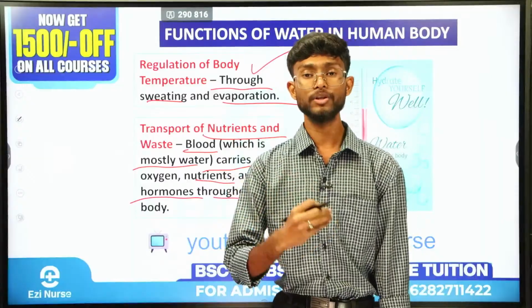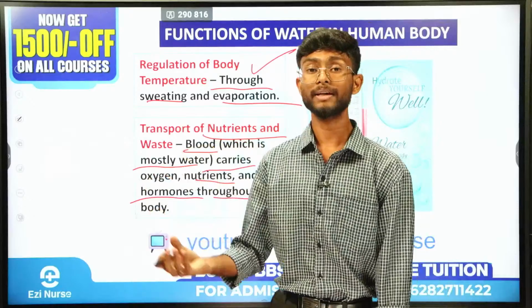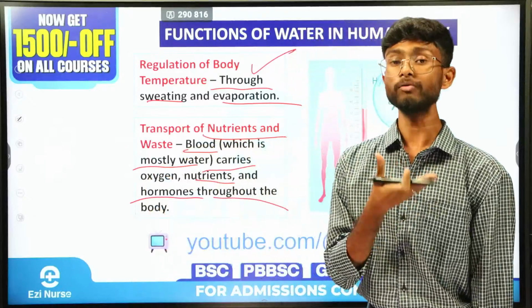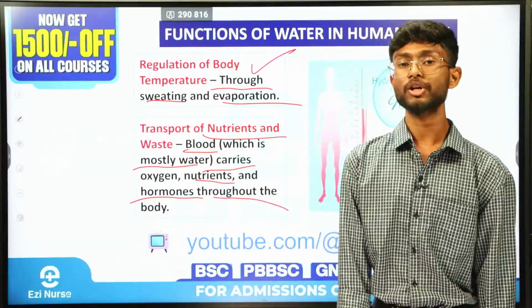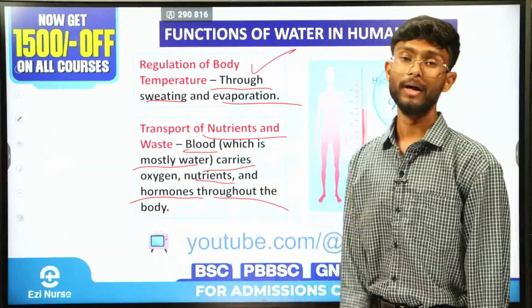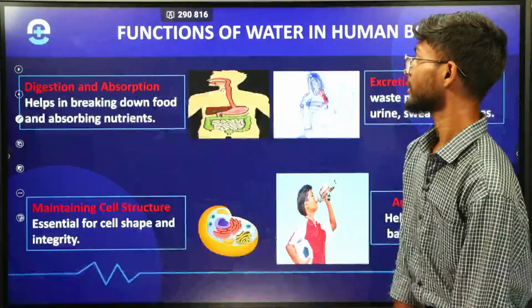The blood is in a liquid medium, in the form of water. That is what helps in the transportation of nutrients and various waste products. This is also a very important function.